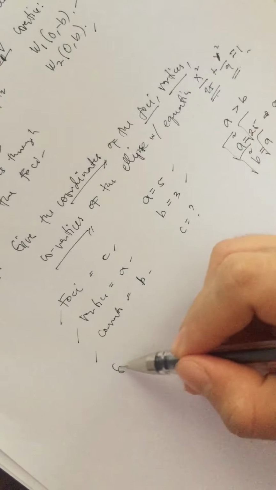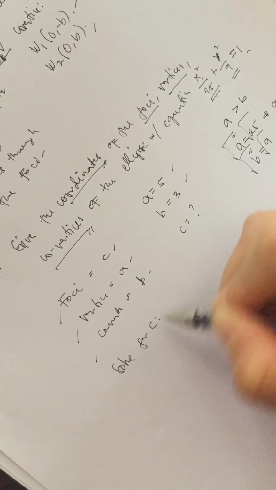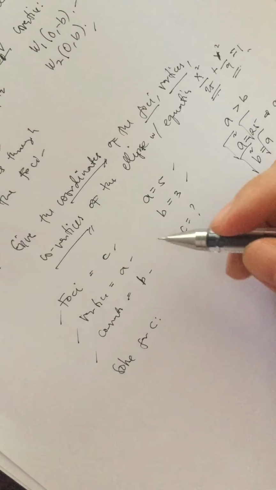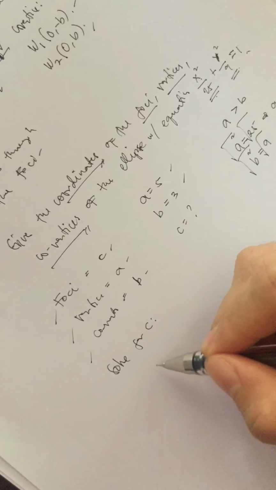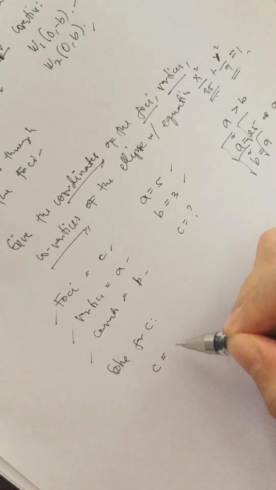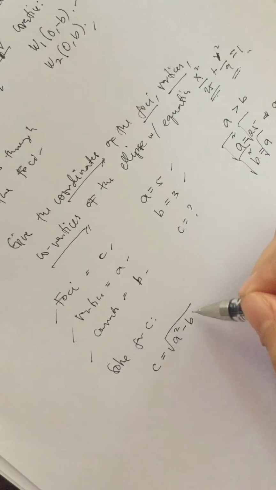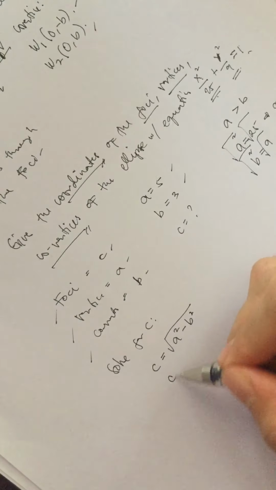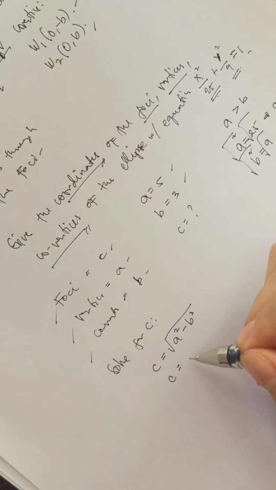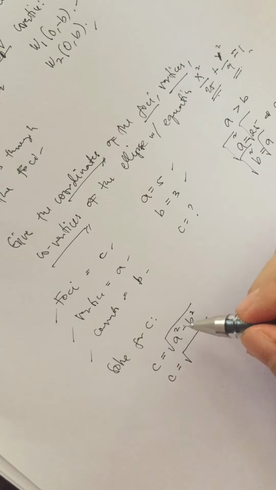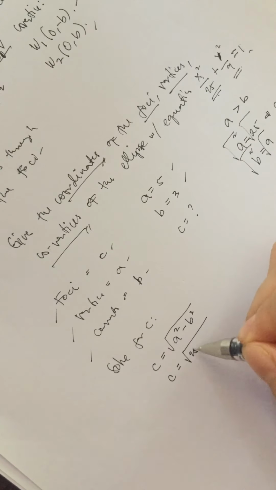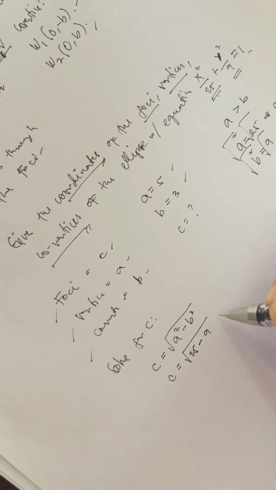And to solve for C, we need to make use of the equation we derived earlier. C equals square root of A squared minus B squared. And this would be equal to square root of 25 minus 9.